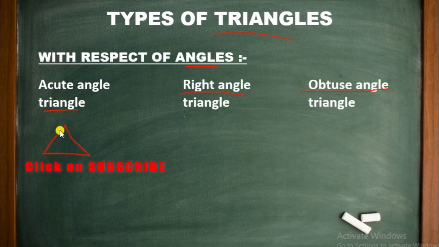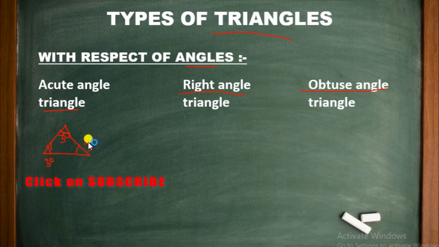Here three angles are there, 1, 2 and 3. If all these angles are less than 90, for example, this is 30, this is 30, this is also 30.